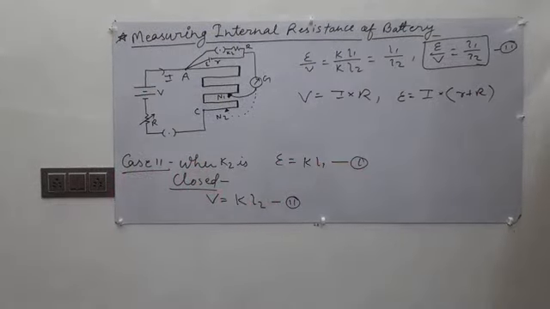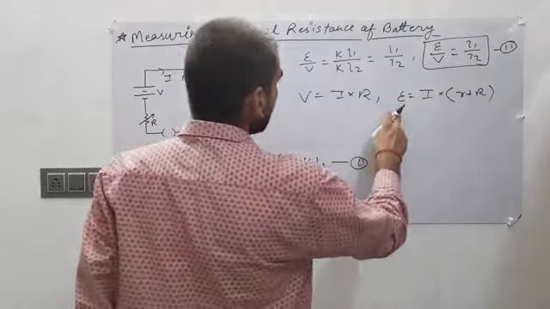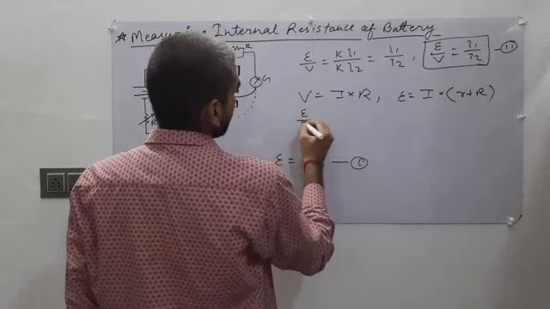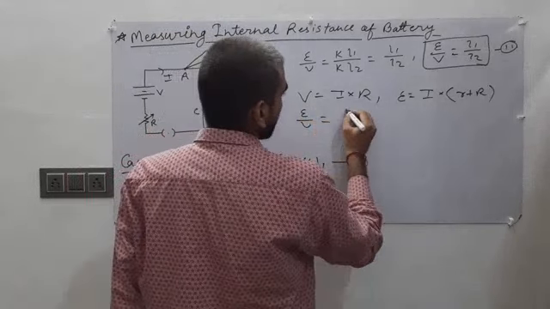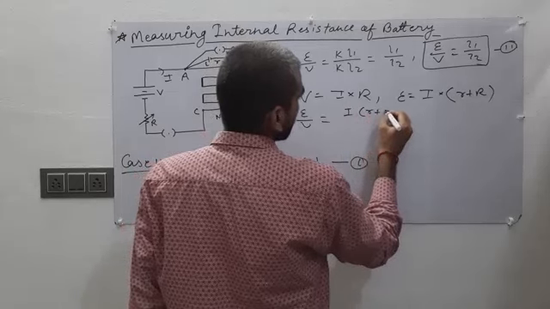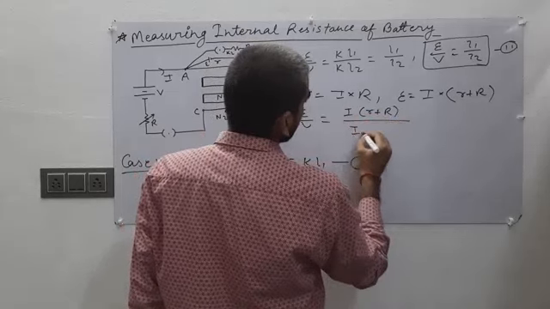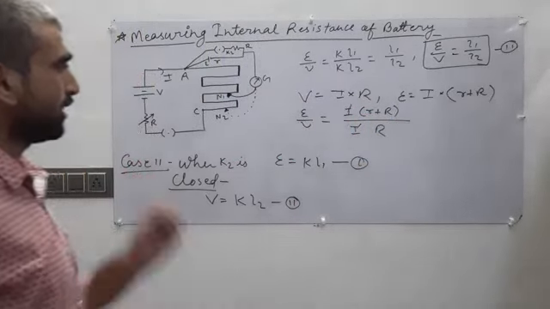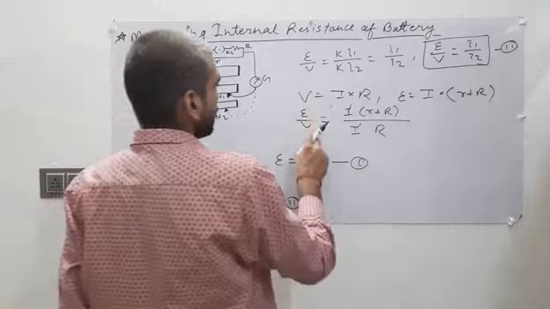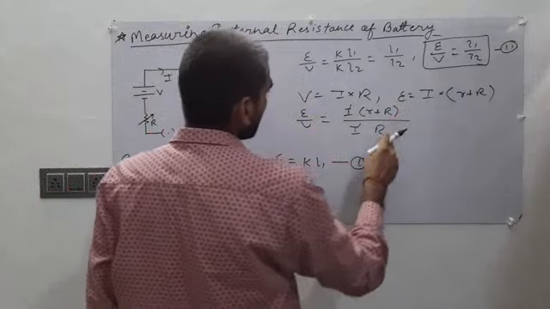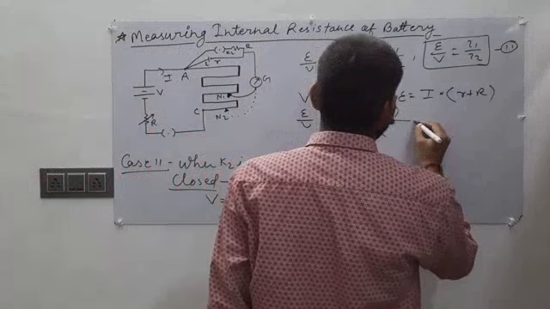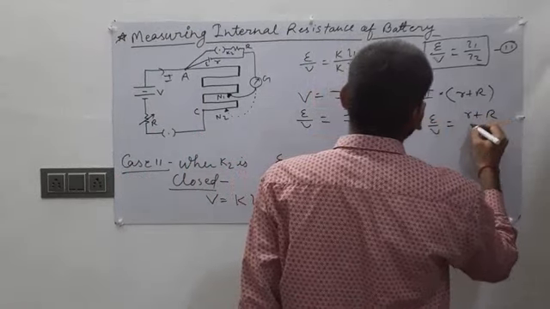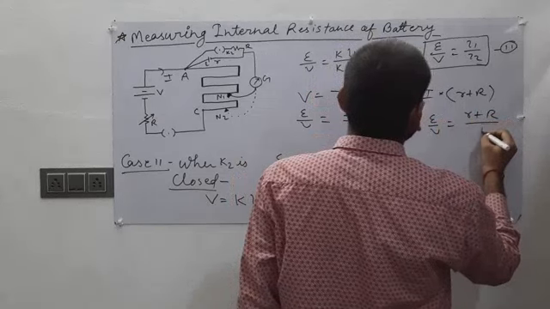Now, if you take the ratio of E and V, then E upon V equals I (r plus R) upon I R. Now this I and this I will cancel, and you get E upon V equals (r plus R) upon R.